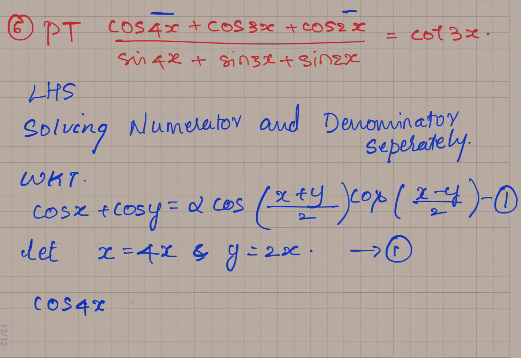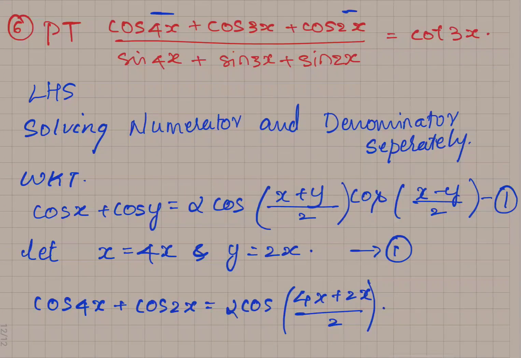cos 4x plus cos 2x is equals to 2 cos (4x plus 2x) upon 2 into cos (4x minus 2x) upon 2. Now 4x plus 2x is 6x and 4x minus 2x is 2x.